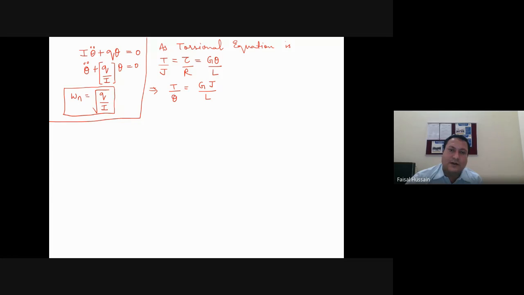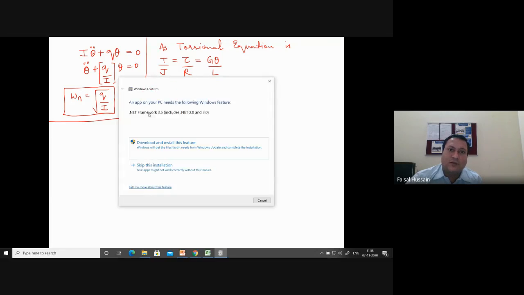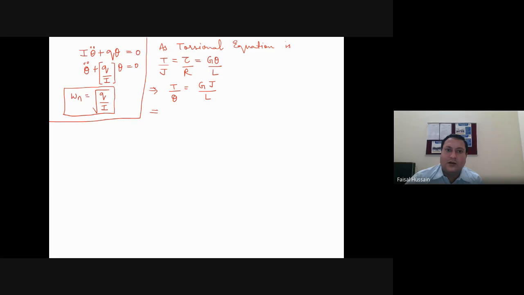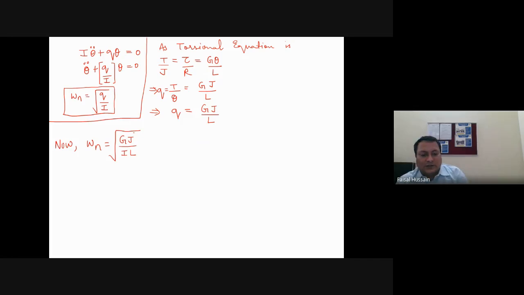So this ratio T by theta, twisting moment to the angle of twist, is your torsional stiffness q, and this torsional stiffness is GJ divided by L. So now omega n equals, instead of q, I can write G into J upon I into L. So this is your equation.